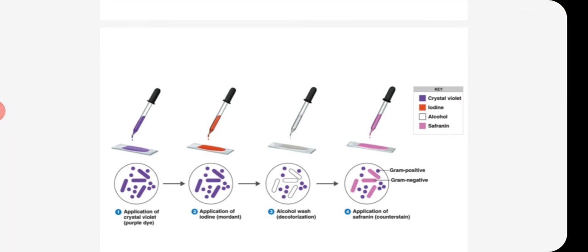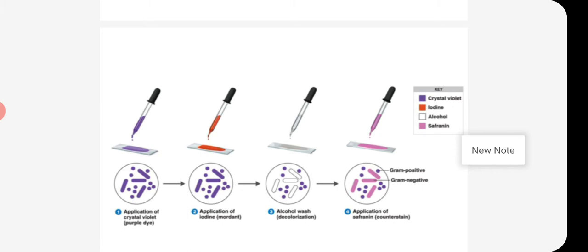The pink colored bacteria are gram negative, they lose the purple color, whereas gram positive bacteria appear bluish purple in color. Gram positive bacteria are bluish purple, gram negative bacteria are pink.